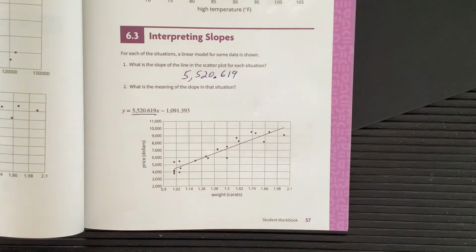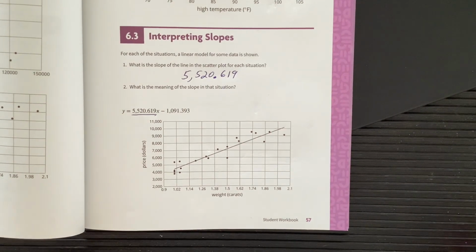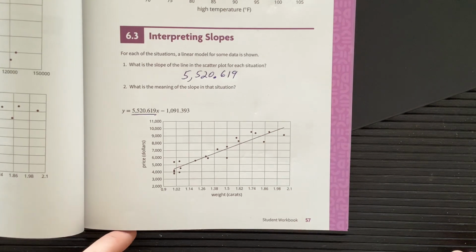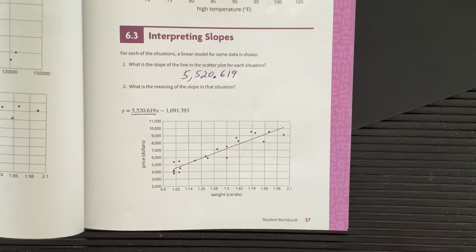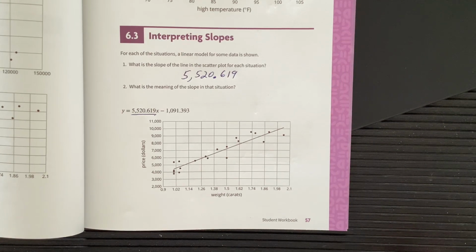Okay, now what does that mean in this problem? You've got to analyze what's being graphed. Remember, it's rise over run, so we're looking at the y's. What's graphed on the y's? And then what's graphed on the x's? Okay, so what's graphed on the y's?